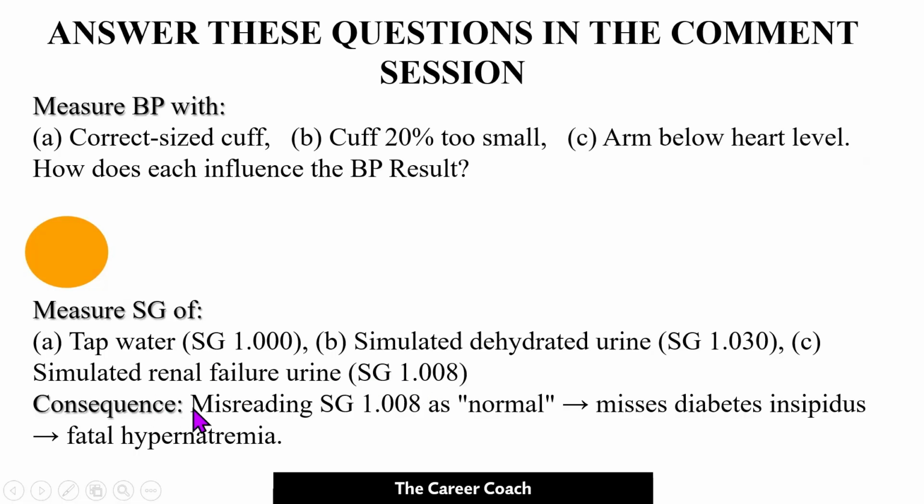What is the consequence when you miss all this? If you misread a renal failure specific gravity of urine of 1.008 and you take it to be normal, it will make you miss diabetes insipidus, and that will lead to fatal hypernatremia.